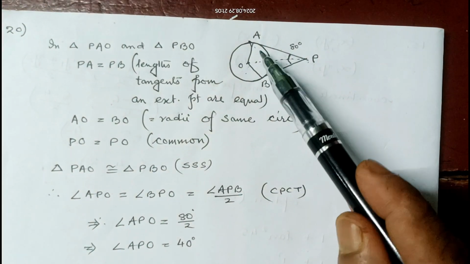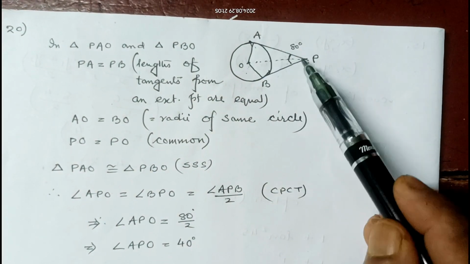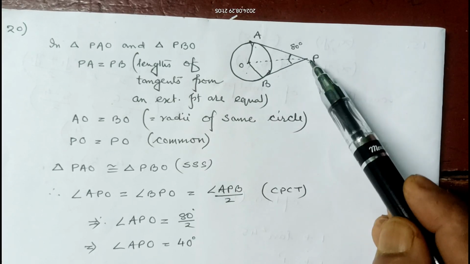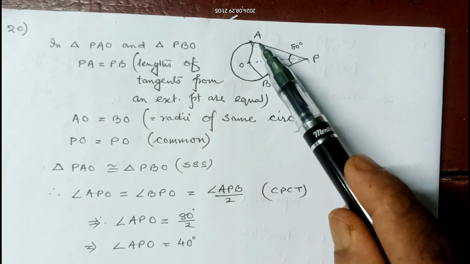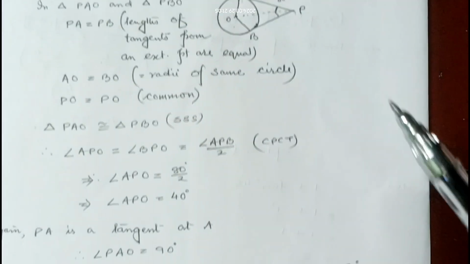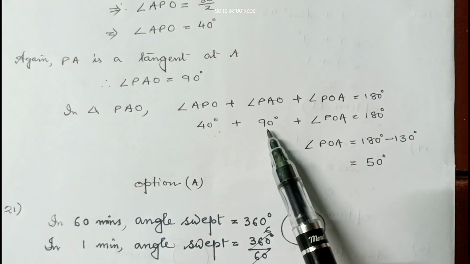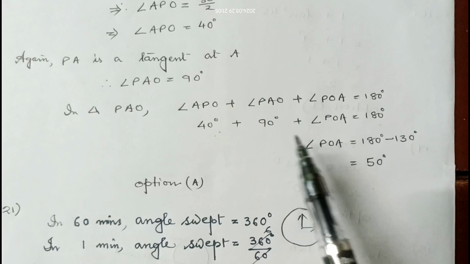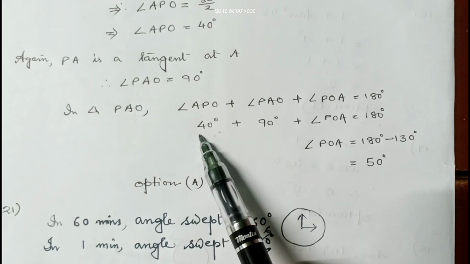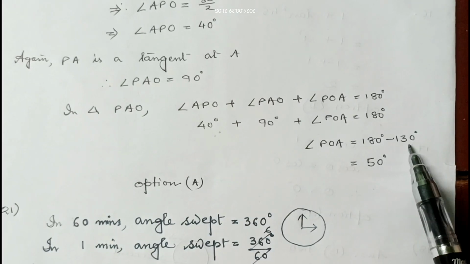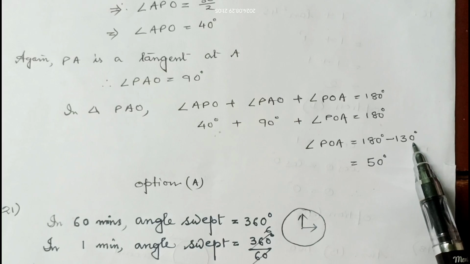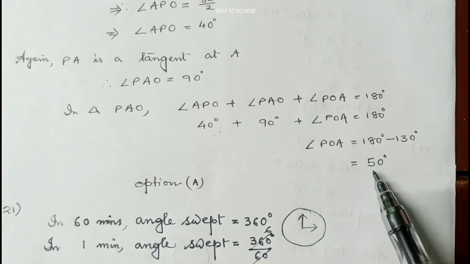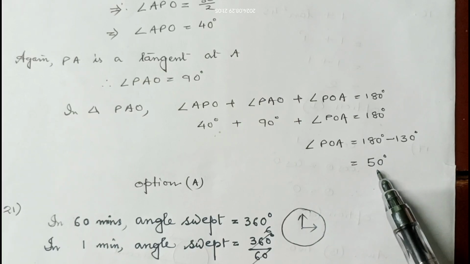That means the sum of these three angles: APO is 40, PAO is 90, we have to find AOP. So 40 plus 90 plus POA is 180. POA will be 180 minus (90 plus 40), which is 130. So on the other side it will become minus 130. 180 minus 130 is 50. So option A is the correct answer.